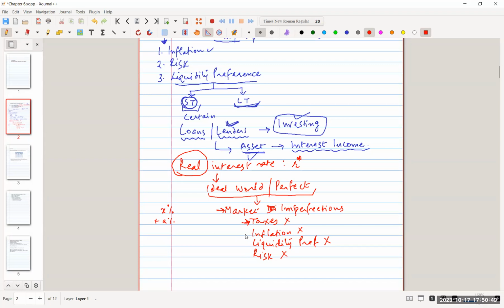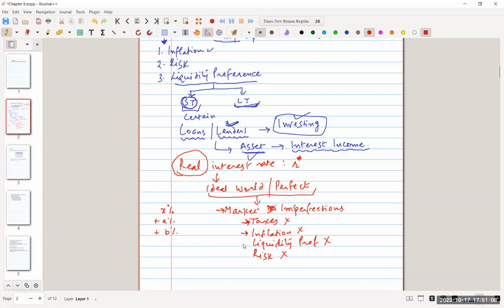Then the other guy says, because inflation is eating away at the value of the money, I need compensation for that also. I need a premium for inflation too, which, in my view, is B%. So you have deviated further from the real interest rate. Now it's X plus A plus B%.